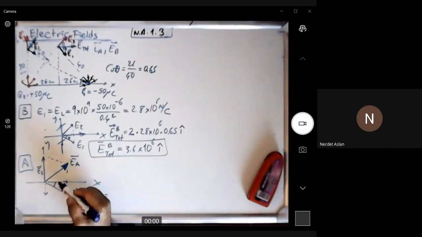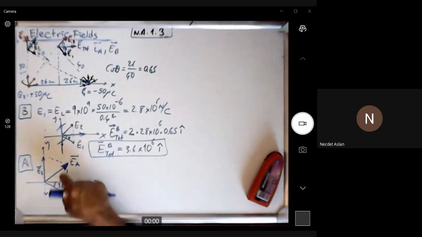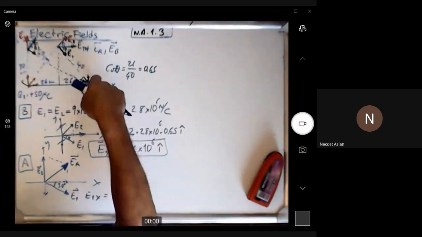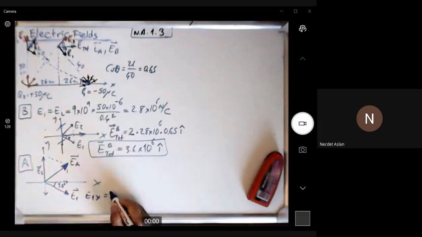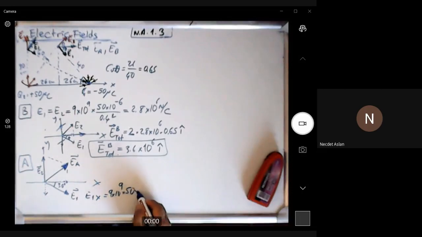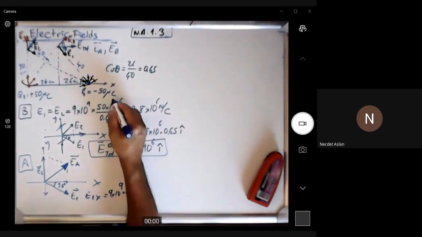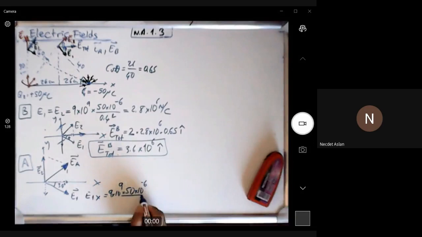What is E1? E1 is the electric field due to this charge. And the distance is 0.6. Don't forget, it's 60 centimeters. So K times 9 times 10 to the 9 times 50 times 10 to the minus 6, divided by the distance, which is 0.6 squared. This is E1 times cosine 30.